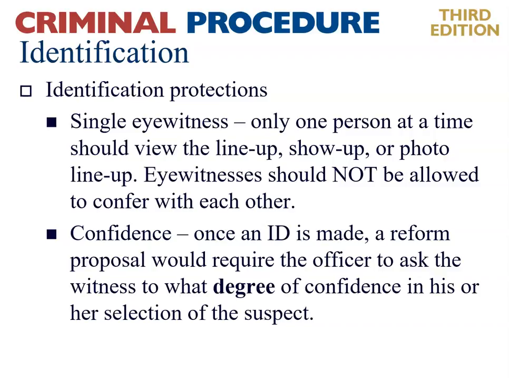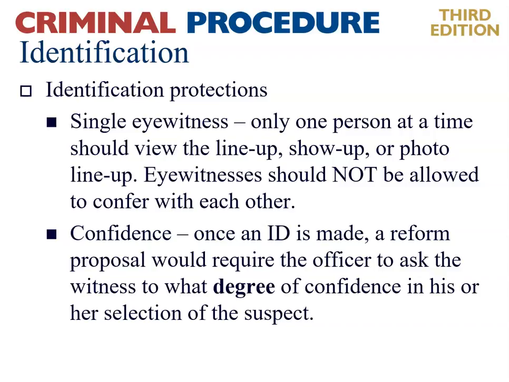Next is confidence. This means that once an ID is made, a reform proposal would require the officer to ask the witness to what degree of confidence the witness or the victim is in his or her selection of the suspect.